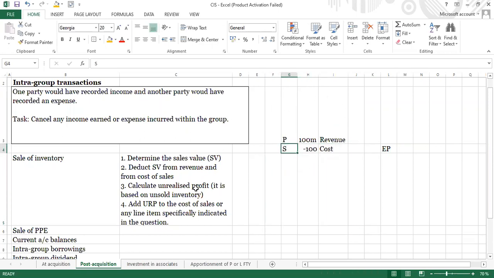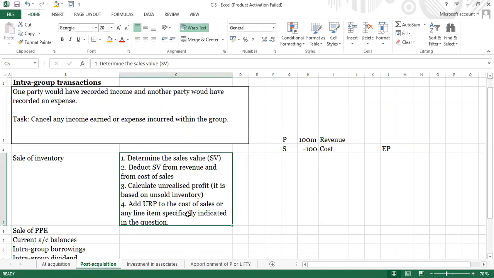Such a profit will be added to cost of sales. By adding it to cost of sales, you are eliminating it. Remember that when cost of sales increases, profit will reduce. So by adding it to cost of sales, it means that you are removing it from profit. That is the logic behind adding the unrealized profit to cost of sales.